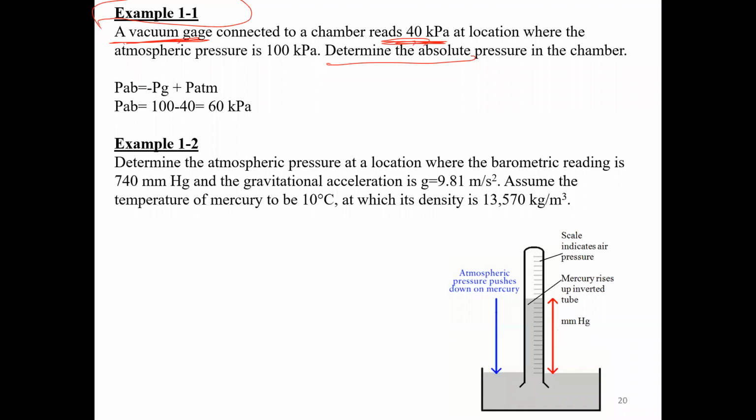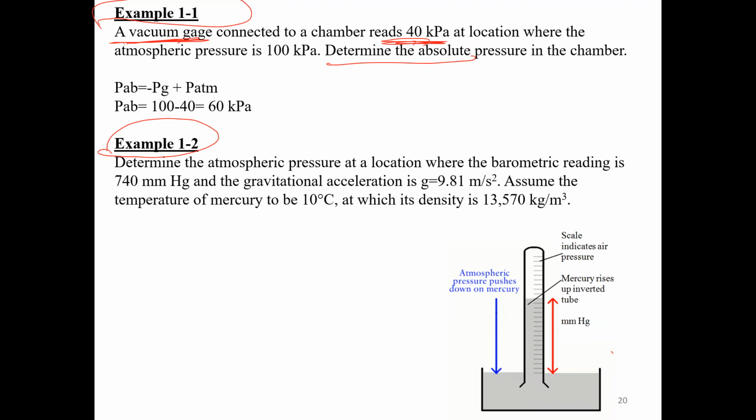The second example, in this example, we have what we call a barometer. I think you know this from physics. A barometer is a device to measure the atmospheric pressure. In this device, we have a tube filled with mercury.